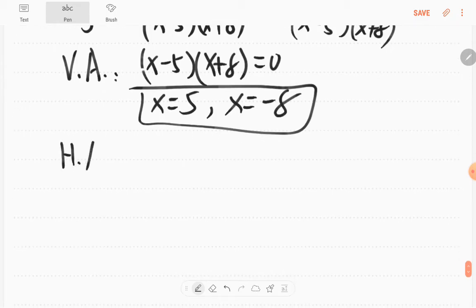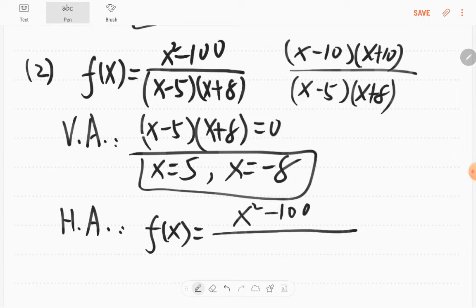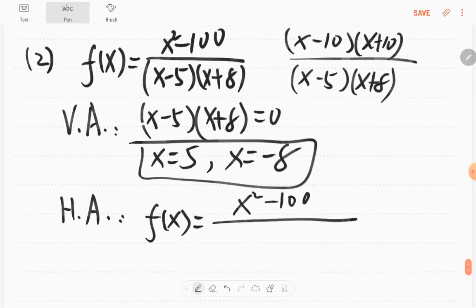The horizontal asymptotes, okay, let's rewrite this one. If you're not very familiar with the expansion, you can expand it. Use your calculator. You can do some very basic calculations. This would be x squared plus 3x minus 40 if you expand it for the denominator.